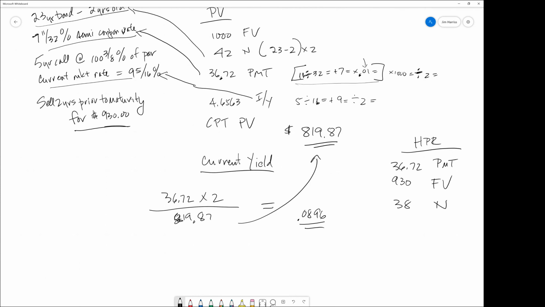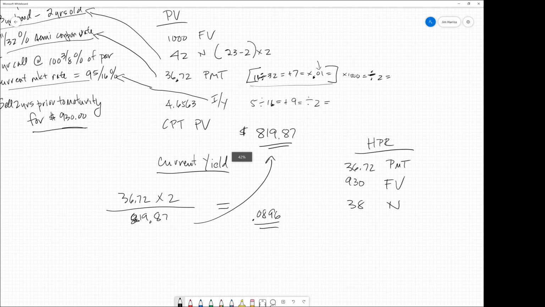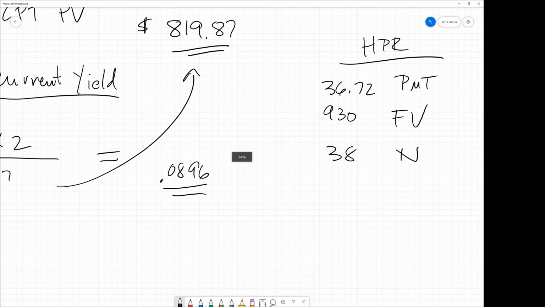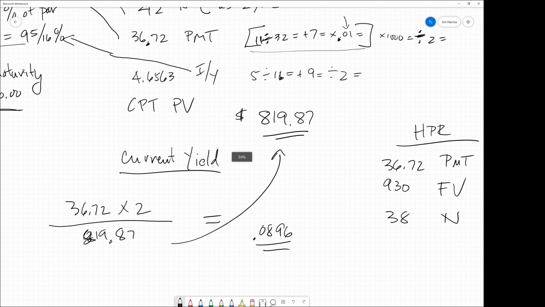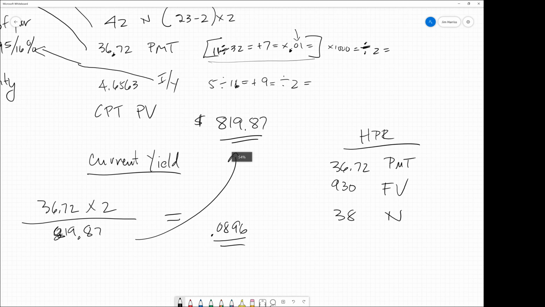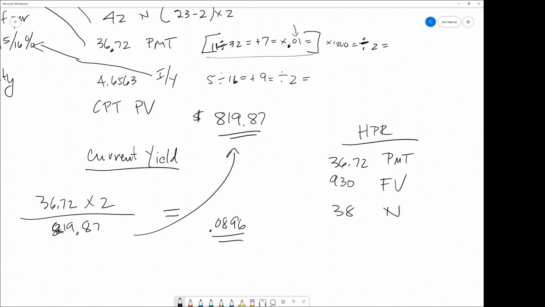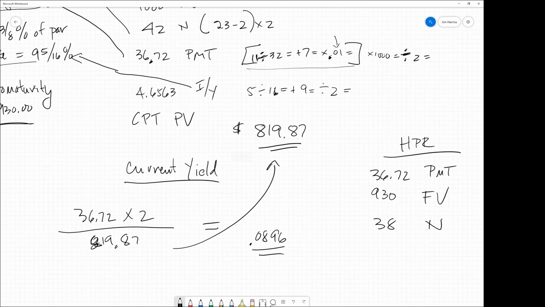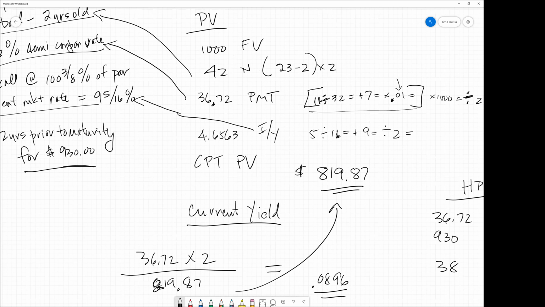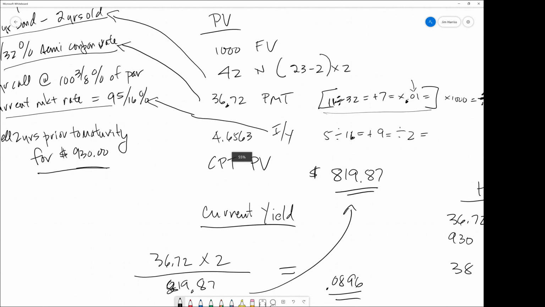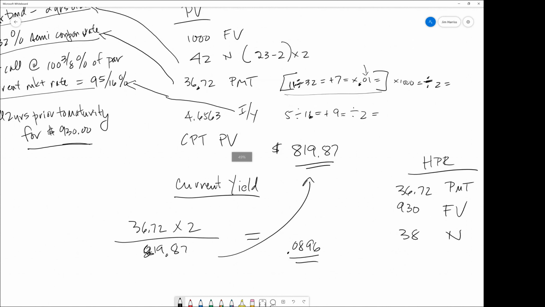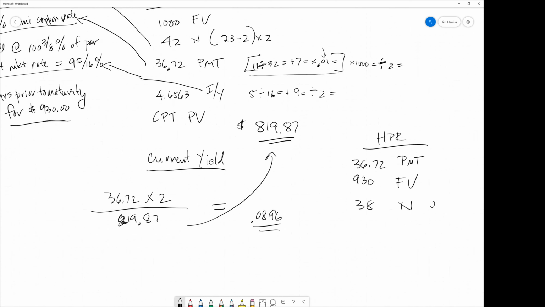Now, how did I get that? Well, I got that by doing this. All right, 38. Let me go back over here. Hold on a second, so I can figure out what I started with. 23-year bond, okay. So it's 23 minus 2 minus 2, okay.